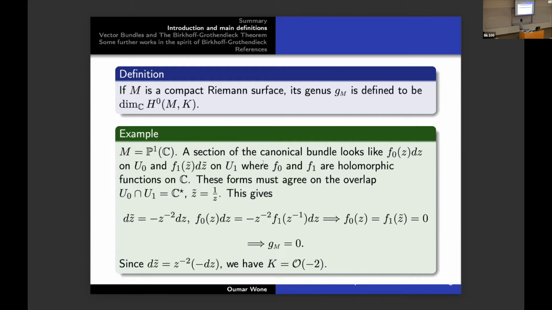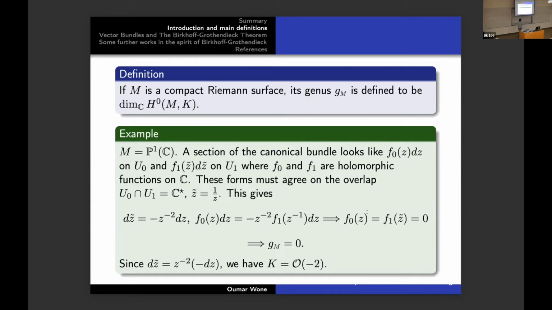And we require that these forms have to agree on the overlap, and the condition z tilde equals 1 over z. This gives, by differentiation, dz tilde equals minus z to the power of minus 2 dz, and F0(z) dz equals minus z to the power of minus 2 F1(z^-1) dz.